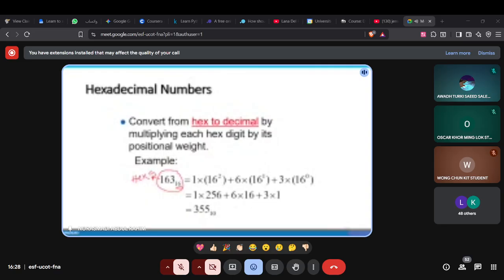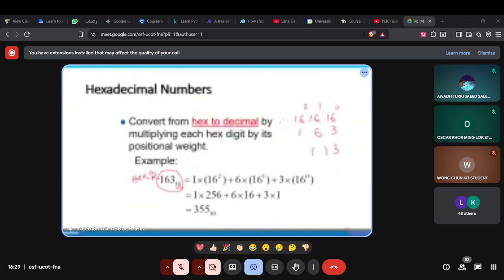If you want to convert to decimal, same as binary, we start from 16 power of 0, 16 power of 1, and 16 power of 2, and so on. In this example, this should be 1 here, 6 here, and 3 here. 16 power of 0 is equal to 1, multiply by 3, you get 3. 16 power of 1 is equal to 16, multiplied by 6. So what do you get here?